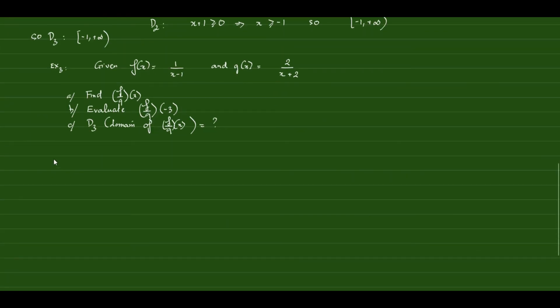So what about the first part? Should be simple. This is the quotient between two functions, so it's this over this, and you do keep, change, flip.